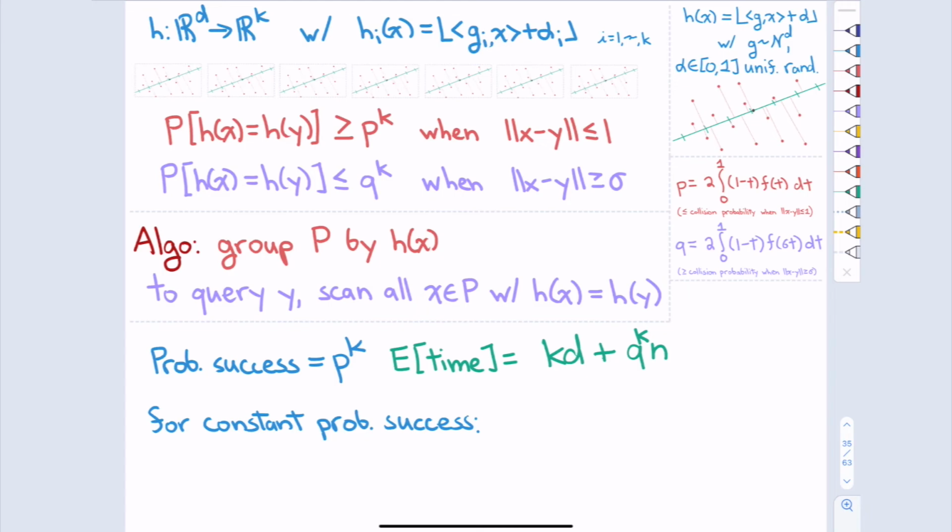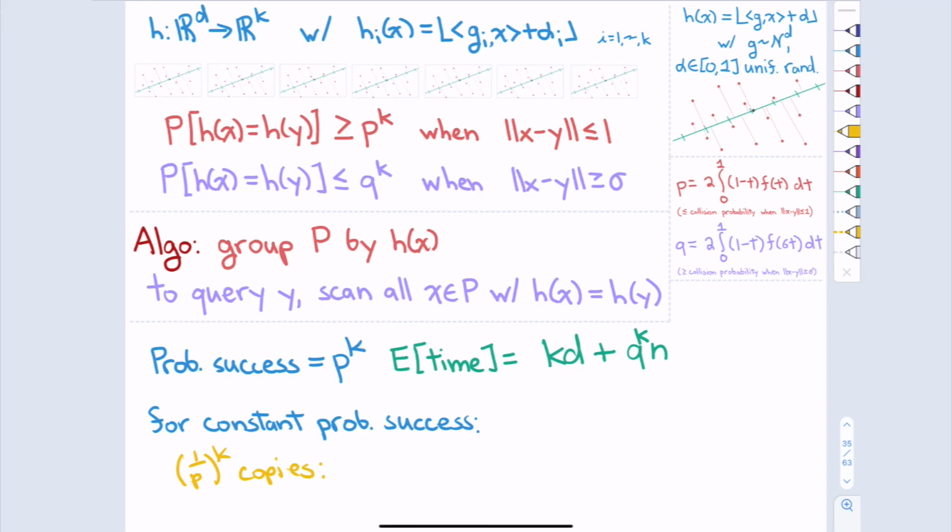Now, to get a constant probability of success, I would repeat 1 over p to the k times. In other words, I would take this data structure we just designed and make 1 over p to the k copies.